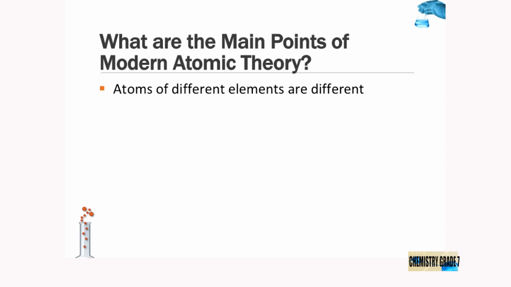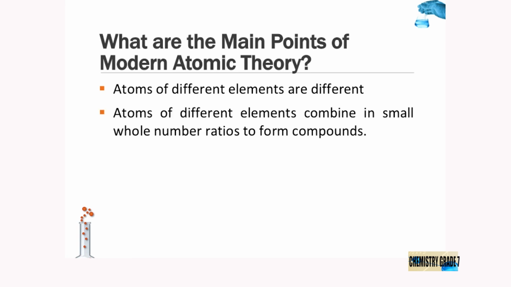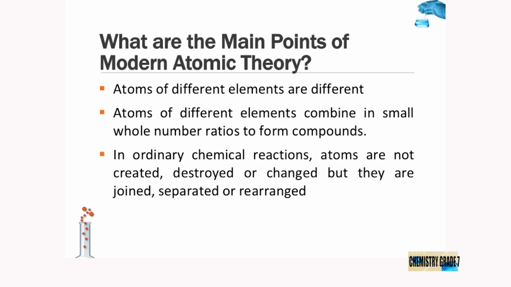Atoms of different elements are different. Atoms of different elements combine in small whole number ratios to form compounds. In ordinary chemical reactions, atoms are not created, destroyed, or changed, but they are joined, separated, or rearranged.